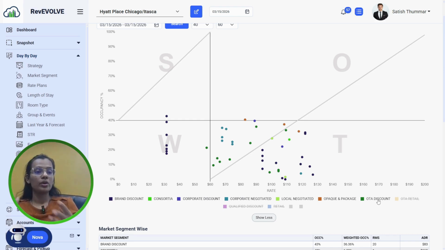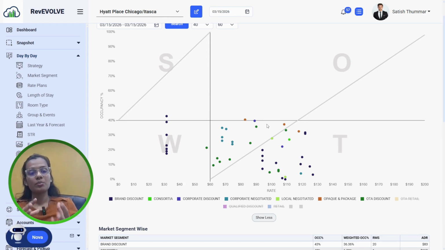So look towards the right side of the chart. Here we can see when the rates were increasing, the occupancy is also increasing by rate, which is a good sign for any of the hotel properties, right? So we'll notice here several bookings happening at relatively strong rates, yet occupancy remains weak.